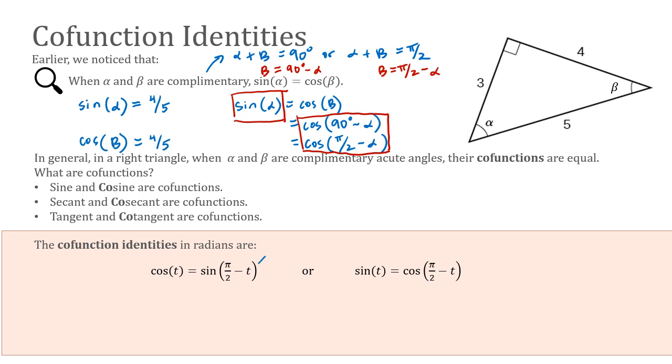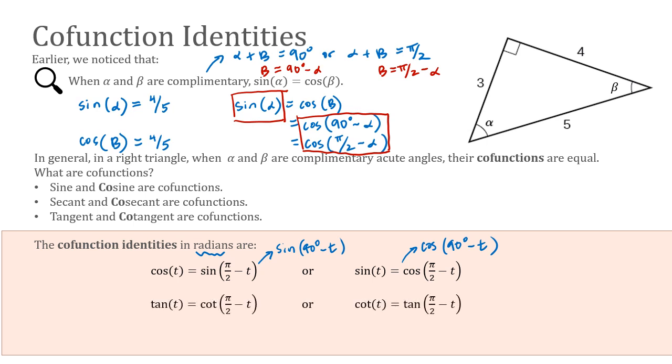Now keep in mind that if we are not in radians, instead we are in degrees, then it turns into the sine of 90 degrees minus t, or the cosine of the quantity 90 degrees minus t. So we're listing these in terms of radians, but 90 degrees and pi over 2 are equivalent. And the same thing can be said about tangent and cotangent, that same relationship, and then also secant and cosecant.